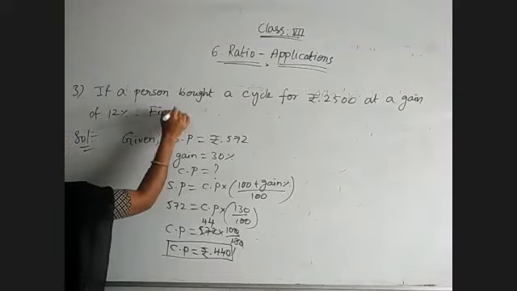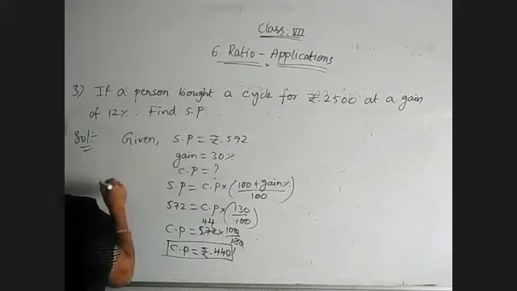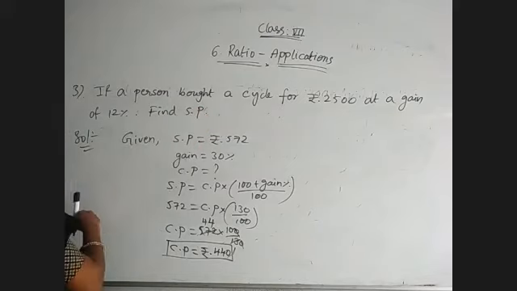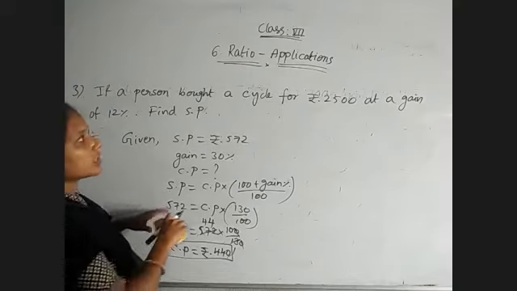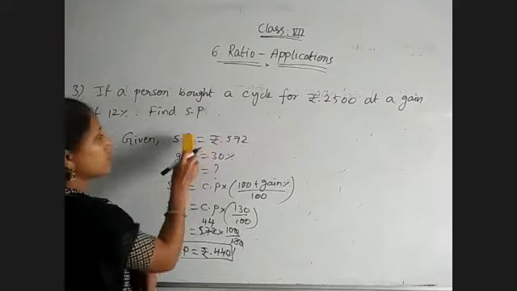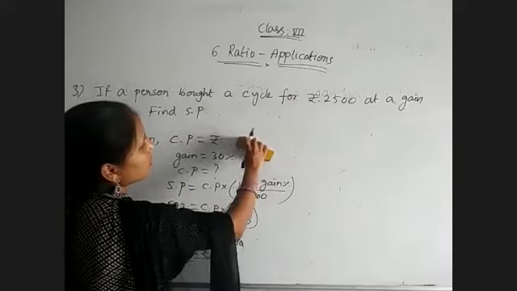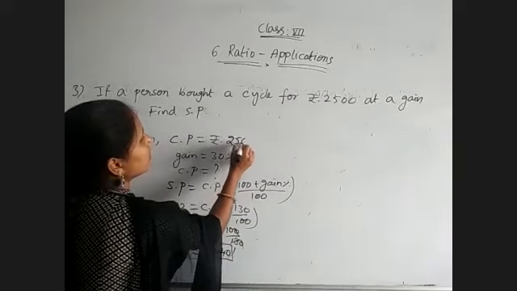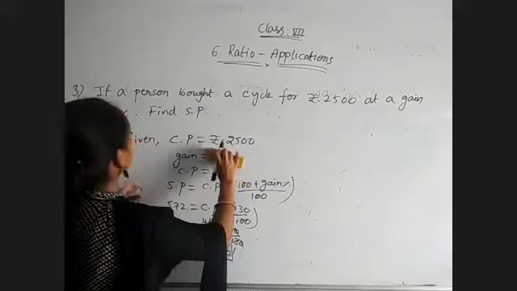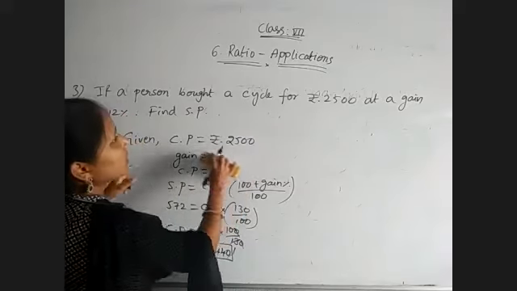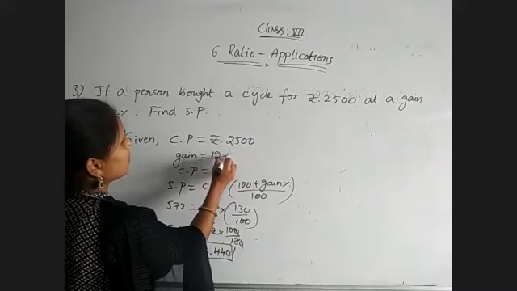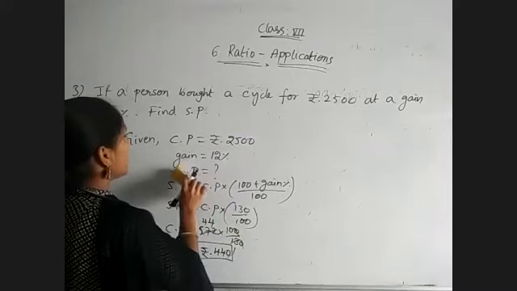Find SP of the cycle. So given here, instead of SP, CP value is given. CP of the cycle is equal to 2,500 rupees and gain percentage is equal to 12%. Then SP we need to find.